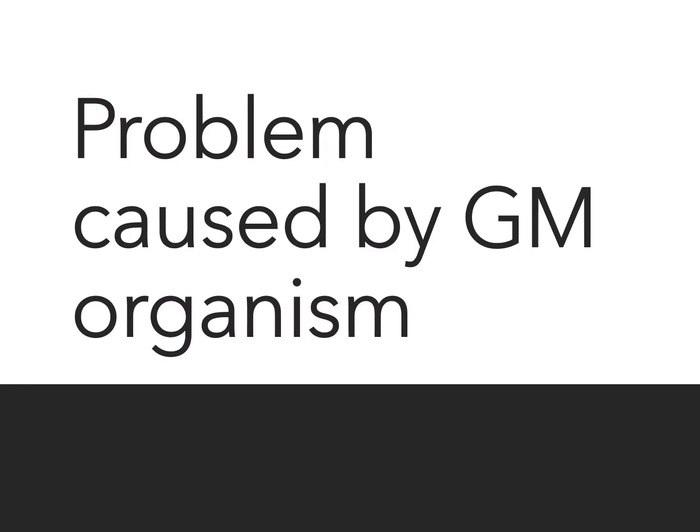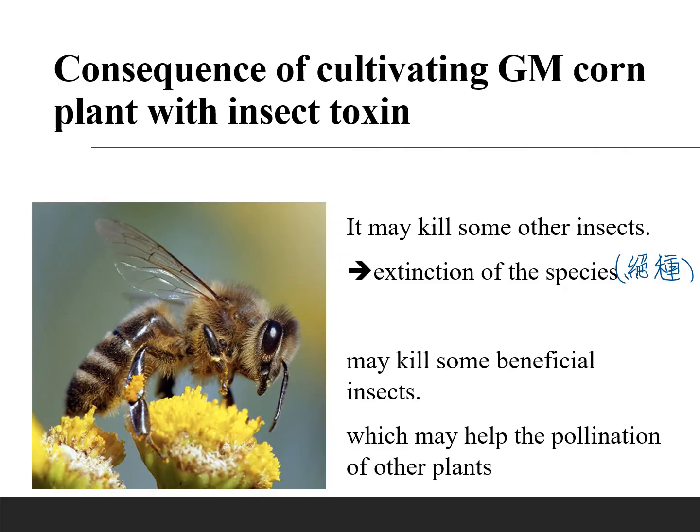For the second part of this lesson, we are going to talk about the problem caused by GM organisms. What is the consequence of cultivating GM corn plants with insect toxin? Nowadays, farmers grow some types of plants which are genetically modified. There is an insect toxin gene inserted into the fruit or the plant.